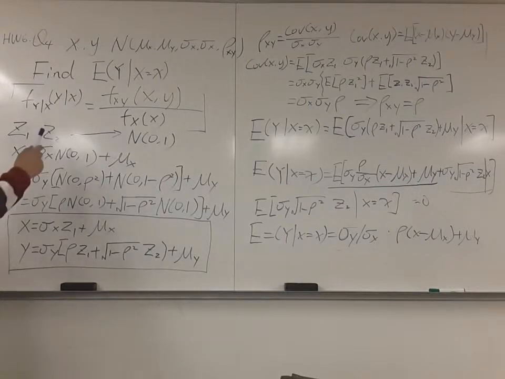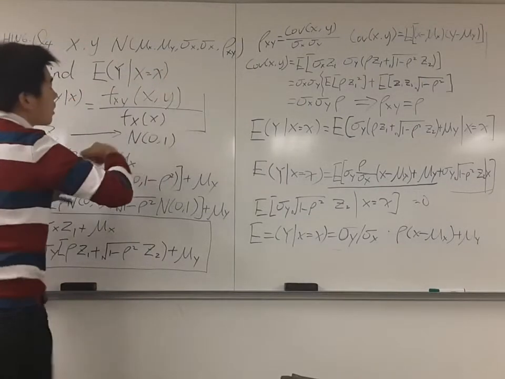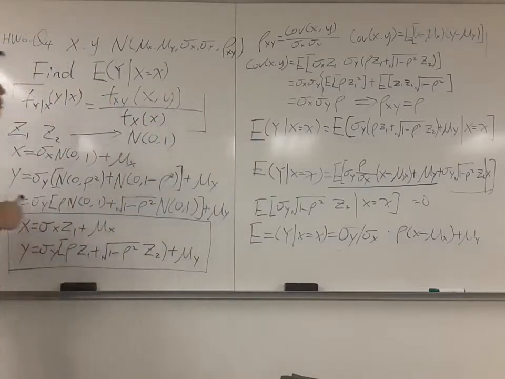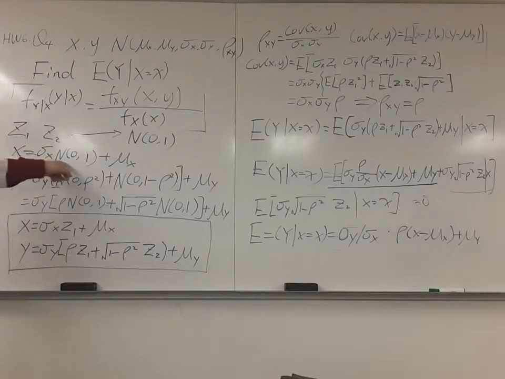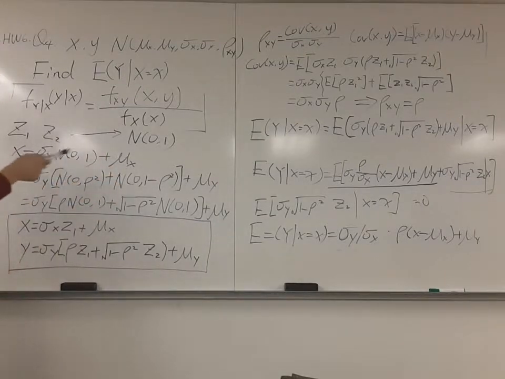And looking at this, mu x, mu y, sigma x, and sigma y can be chosen so that X is sigma x times the normal random variable plus mu x. It makes sure mu x and sigma x match the relationship.